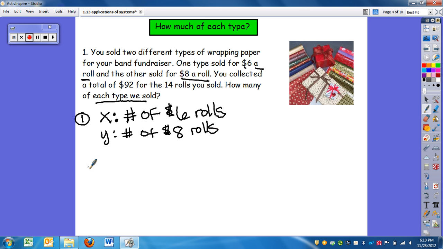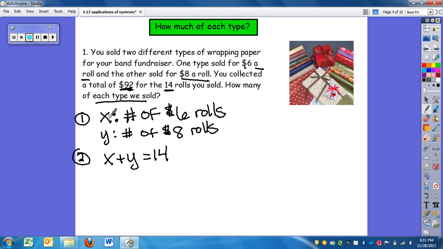So that is step 1. Step 2 is writing your equations. In this type, you're always going to have two totals, a money total and a total of how many of each you have. So if you have 14 total, that equation is x plus y equals 14.